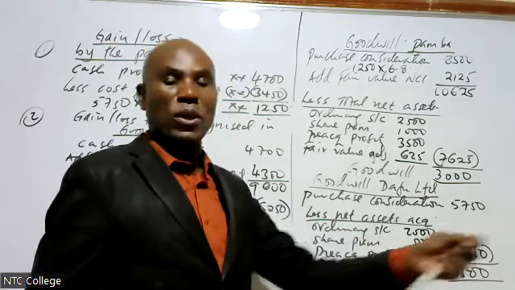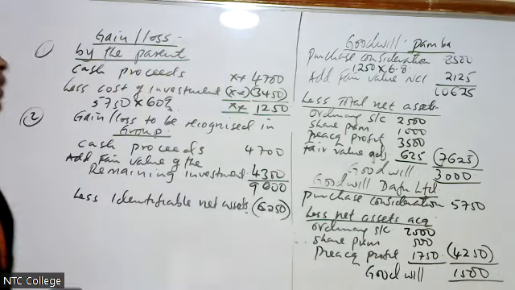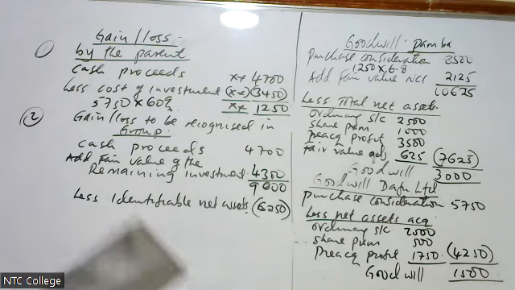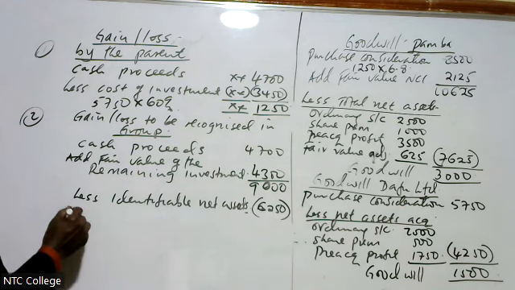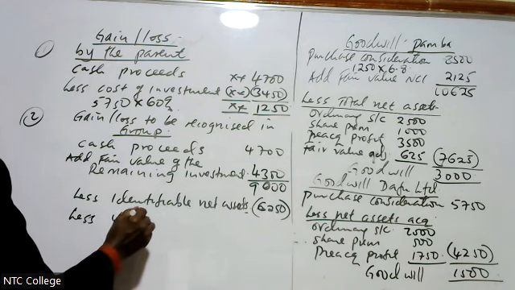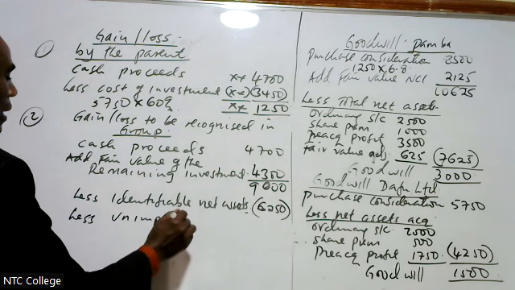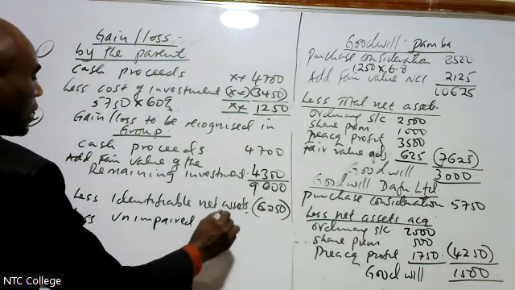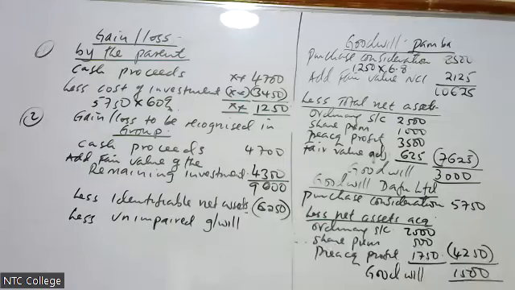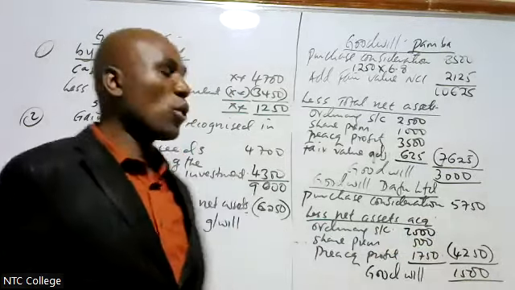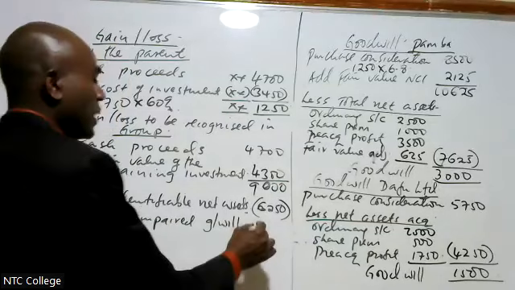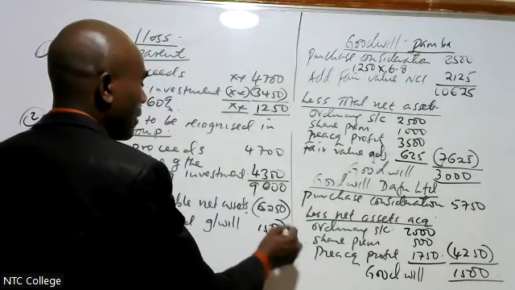But on disposal, the identifiable net assets were 6250. That is what we less. Then we also less unimpaired goodwill. Unimpaired goodwill is the goodwill in DAF Limited, which is 1,500.